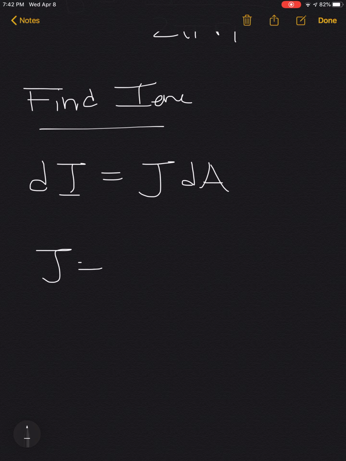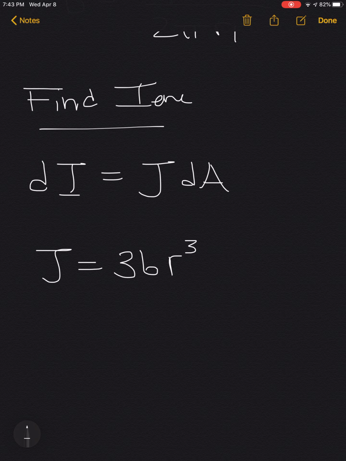We know that J, the current density, this is given to us, is equal to 3B times r to the third. So this is a current density that changes the further you get away from the center. It's just some random function picked out of thin air, it looks like to me. I don't know what the physical motivation is for this.